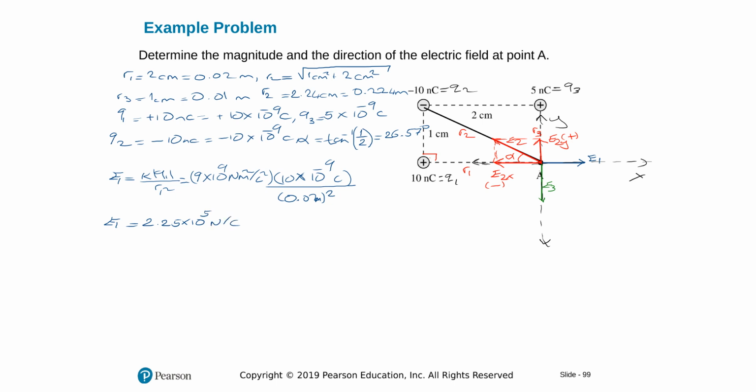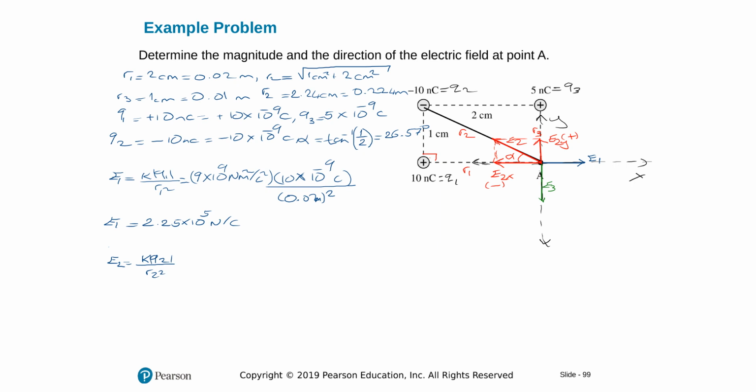With a similar approach, we will find E2 and E3. E2 would be calculated with Q2 and R2, and E3 with Q3 and R3. I'll just put the equations, and I'll give you the results. Make sure you calculate and find those. E2 is k Q2 over R2 squared.